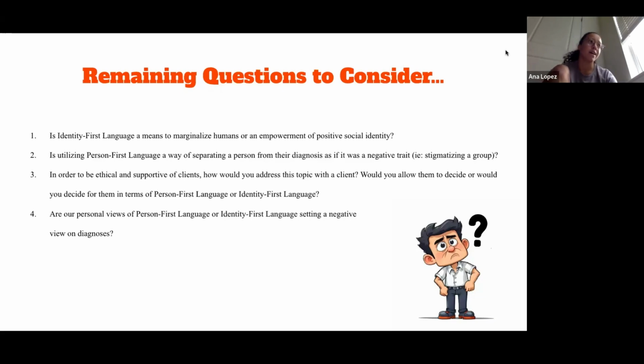Even from looking at websites that have autism voices from the individuals, a lot of them do prefer to use identity first language.